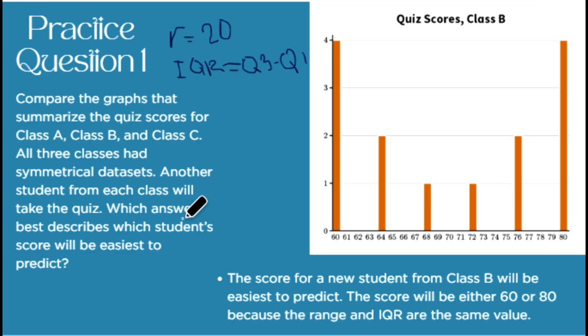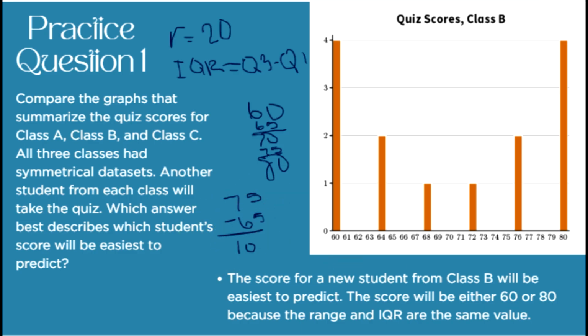So our minimum is 60, our maximum is 80, and our midpoint between 60 and 80 is going to be 70. The midpoint between 70 and 60 is going to be 65, so that's Q1. And the midpoint between 70 and 80 is 75, so that's Q3. So IQR is going to be 75 minus 65, which is 10.